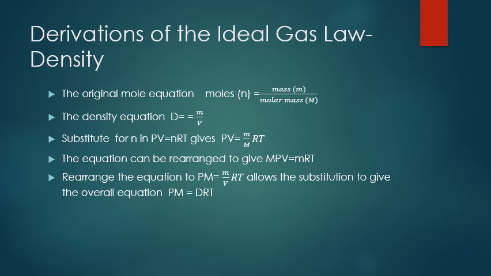And once we have that, we're going to divide both sides by V. And hopefully you notice we have m over V now, which we can substitute the d in for the m over V, and that leaves us with an equation of PM equals dRT.